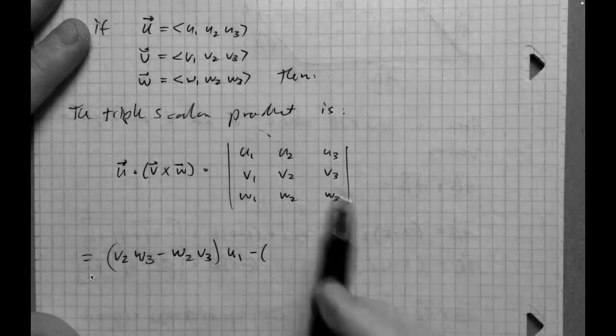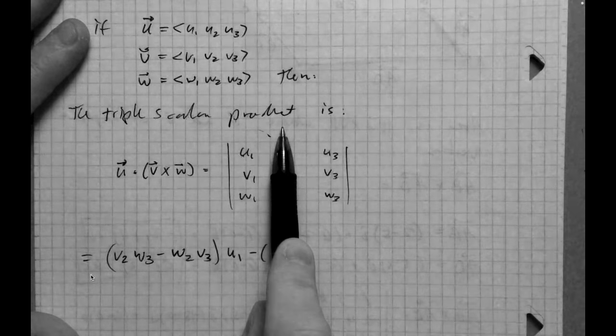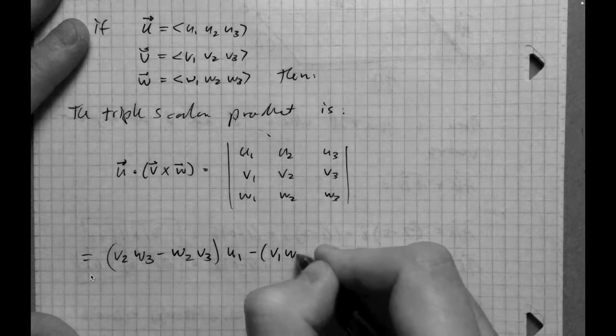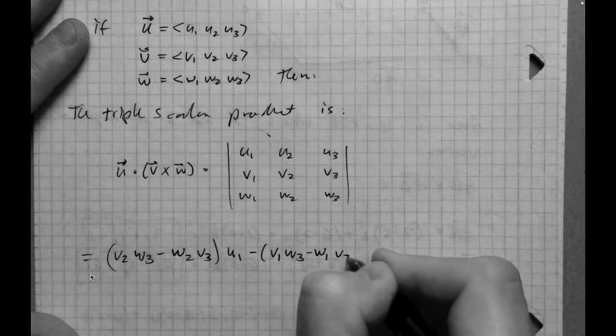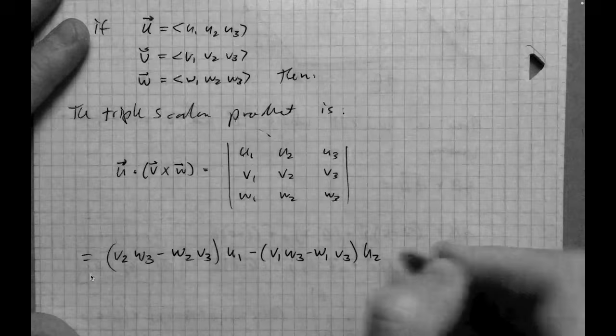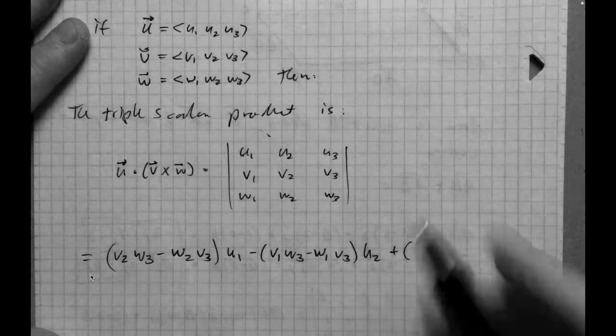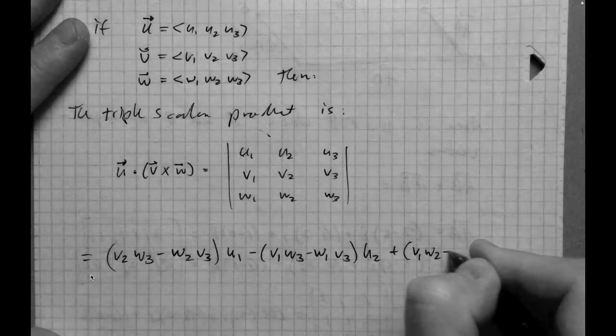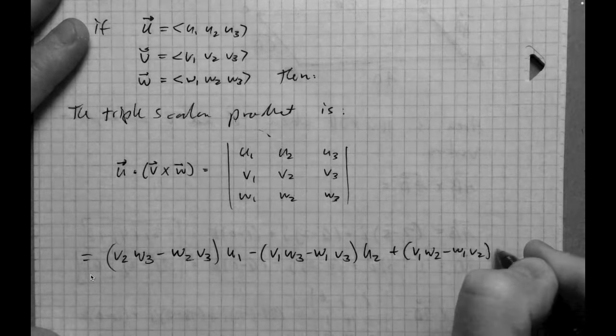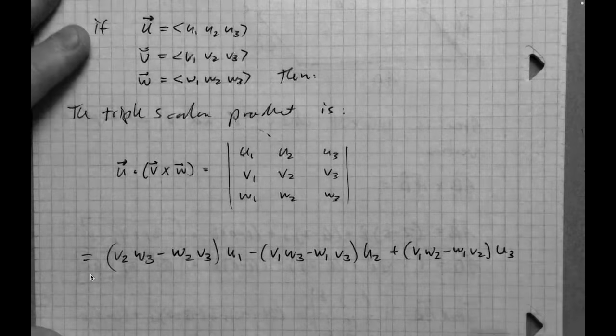And then it's minus, and now I'm hiding those two, so v1w3 minus w1v3 times u2. And then plus v1w2 minus w1v2 times u3. Right?